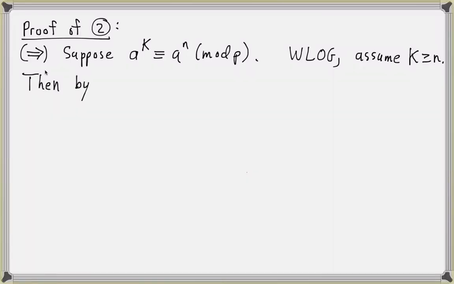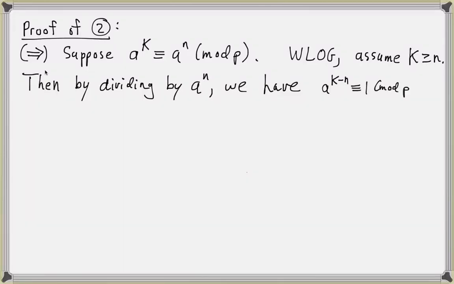Then, by dividing both sides by a to the n, we have that a to the k minus n is congruent to 1 mod p.